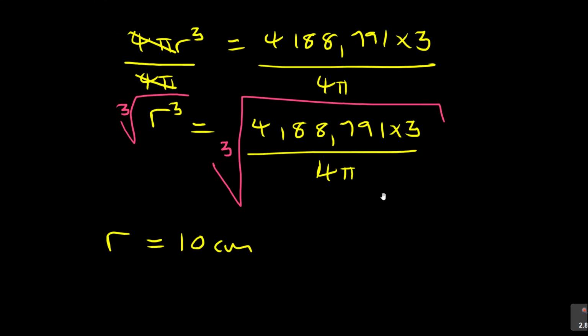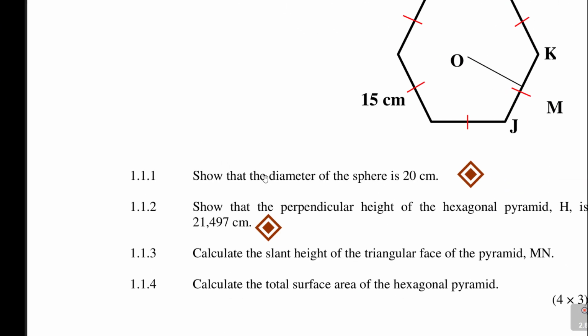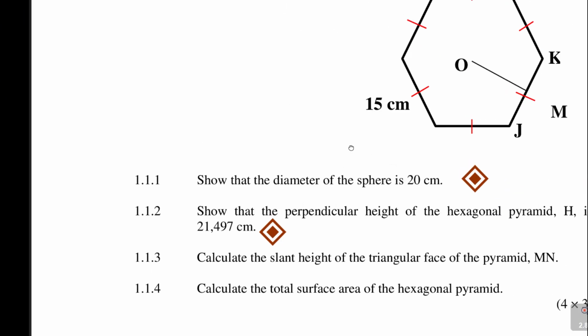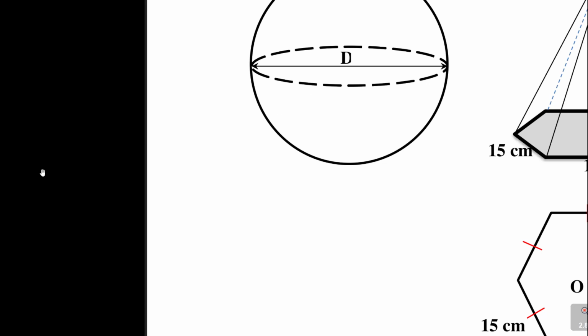Now the question was what? Show that the diameter of the sphere. Now you know how the diameter and the radius link. The distance from the center, that distance there is the radius. So this is your r, and then the diameter is times 2. You'll have the first, and then the second one like that.